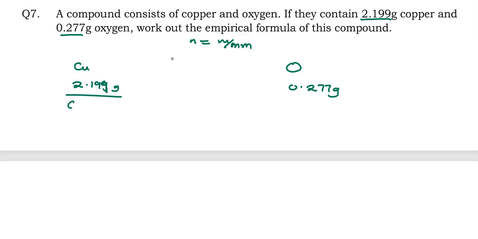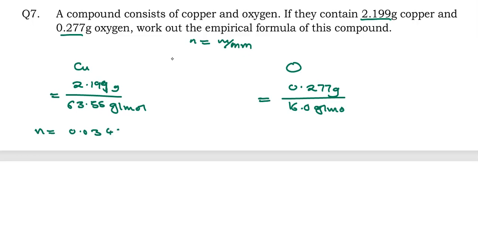So copper we have 63.55 gram per mole. Oxygen is 16.0 gram per mole. These things are very, very simple. So our number of moles for copper, we are going to get 0.03460.